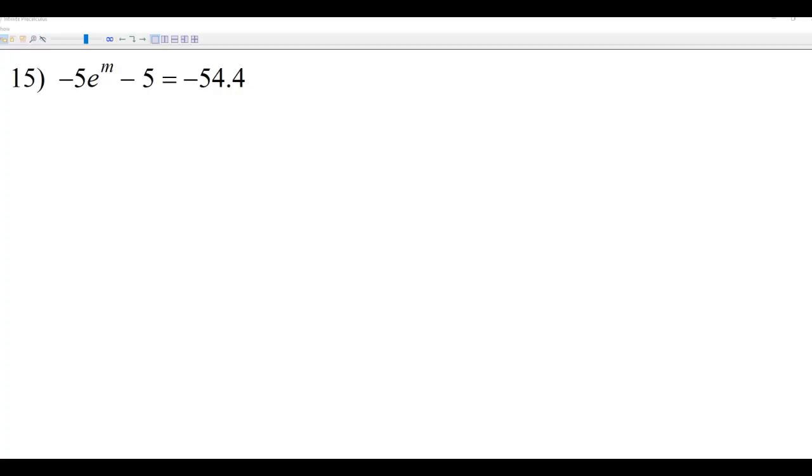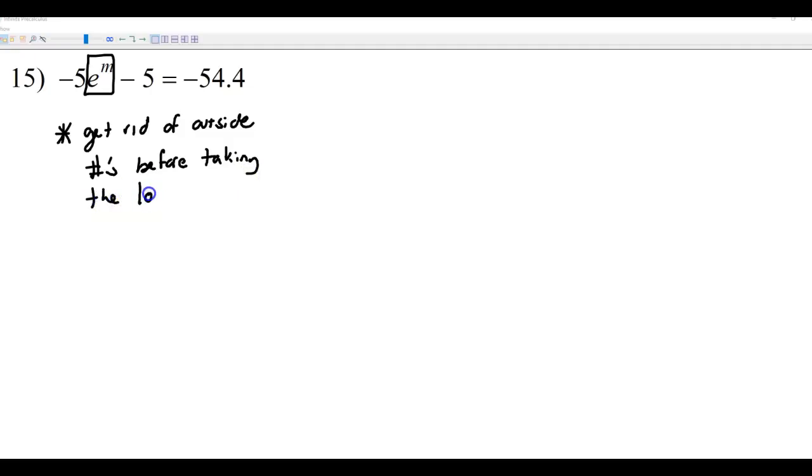Now, here is my exponential expression here. We want to get rid of the outside numbers again before we begin. Get rid of outside numbers before logging. Okay. All right, so we have negative 5 e to the m minus 5 equals negative 54.4.